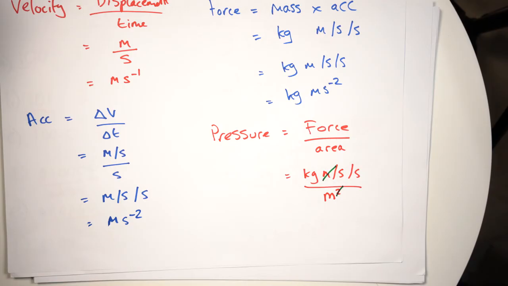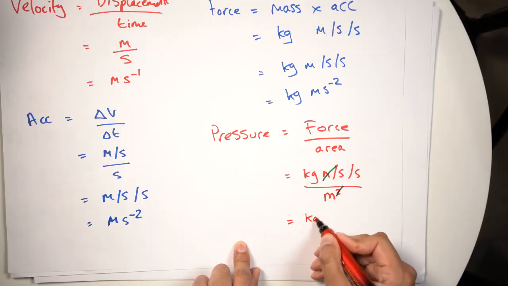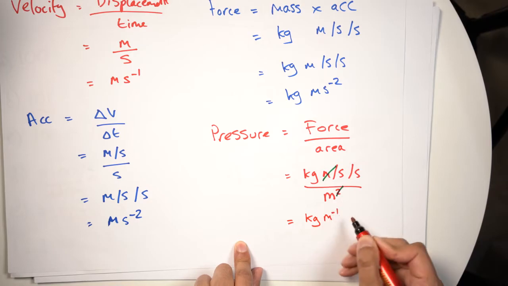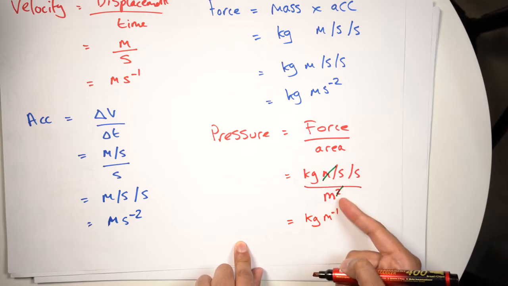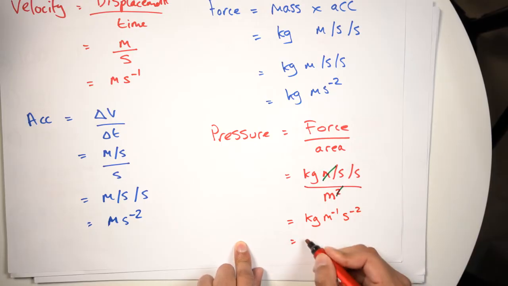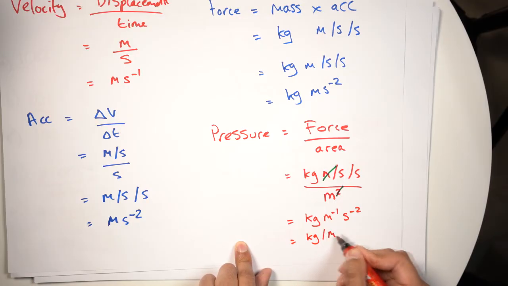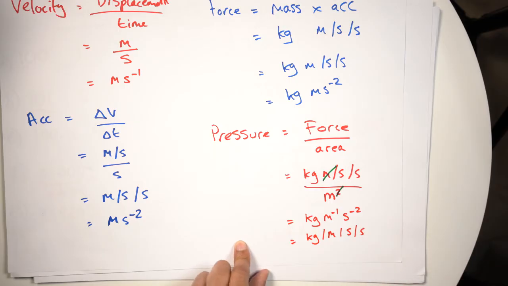So it's now kilograms divided by second, divided by second, divided by meters, like that, which gives us the thing of kg m^-1 s^-2, because you're dividing by 1 m, or you could have written it like this, kilogram divided by m divided by s divided by s. You could have even had the seconds and the meters the other way around, but that's basically how you derive units.